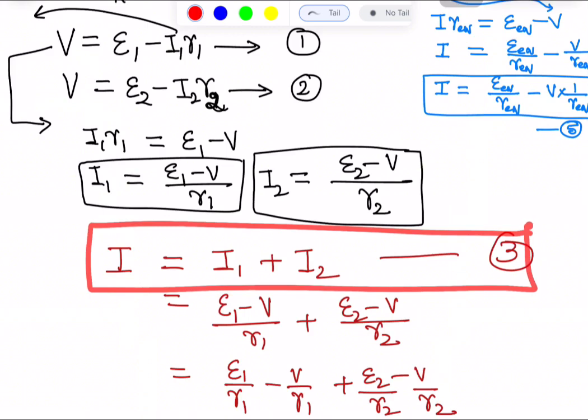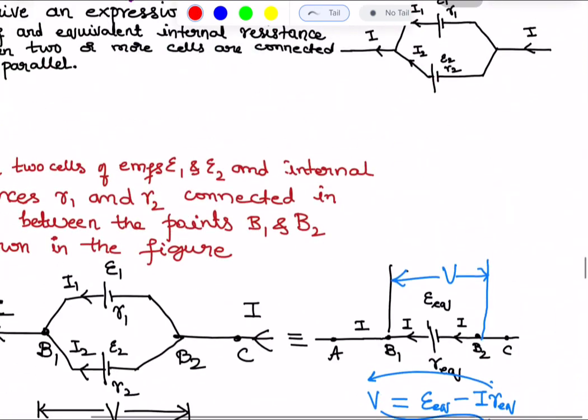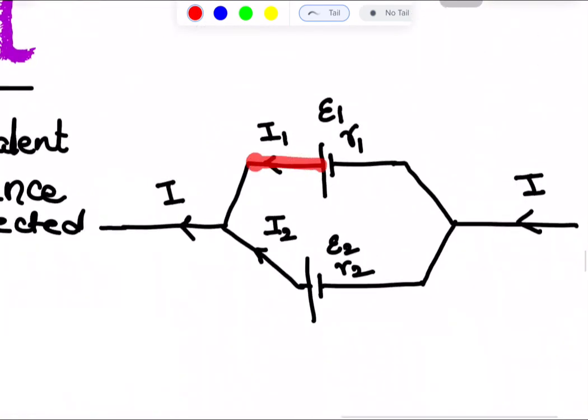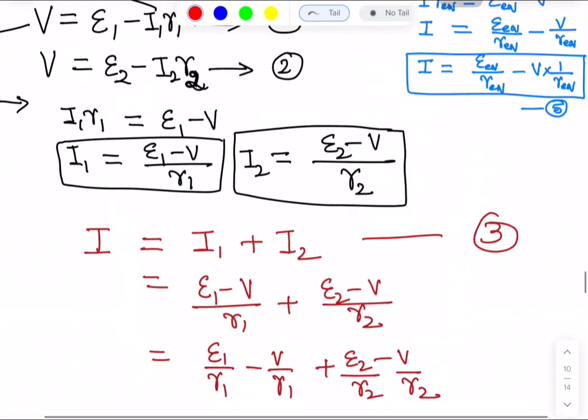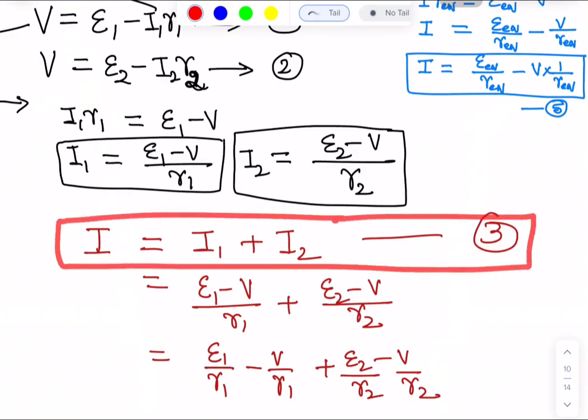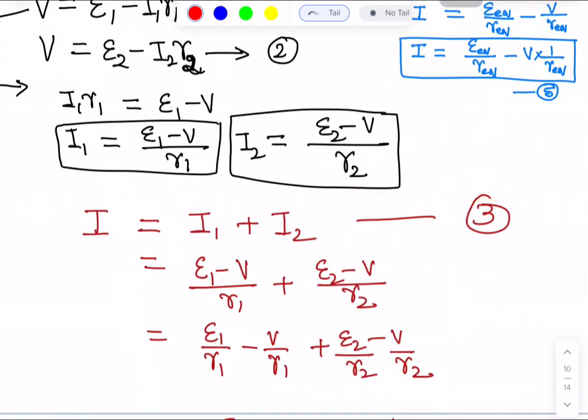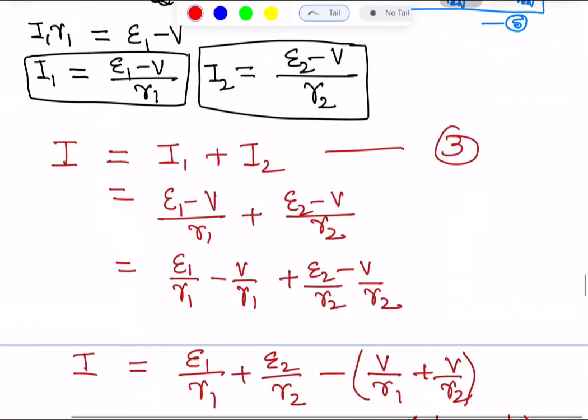We have already shown that the two currents combine to form the total current I. Now substitute I1 and I2 in terms of the EMFs and internal resistances.